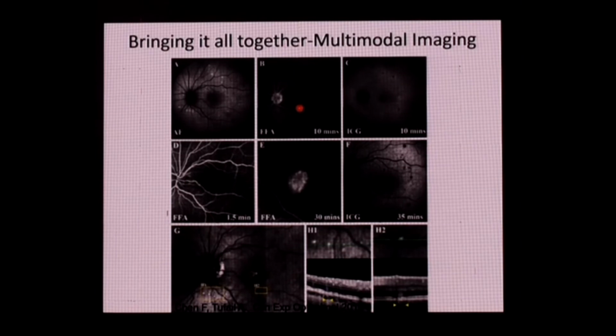The patient was very visually aware and so interested in their vision that they voluntarily came back to get monthly OCTs. And when they presented with the scotoma, we found these multifocal lesions that had changes on the infrared reflectance that corresponded to changes on the outer retina, these outer retinal hyperreflective disturbances.